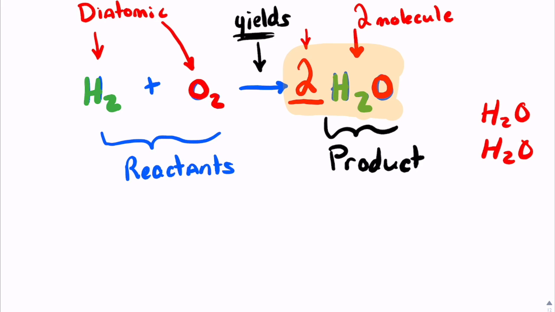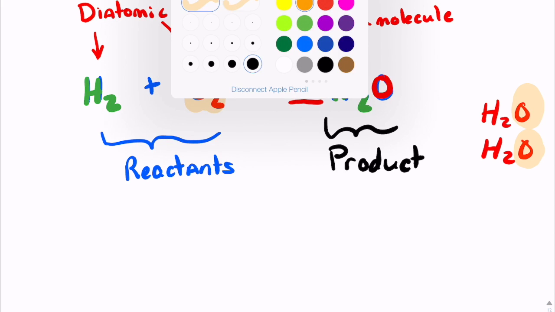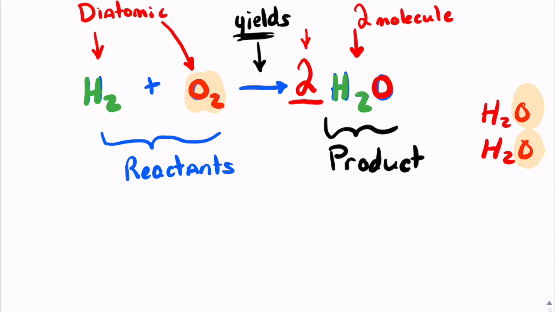All right, now let's go back and look at the number of oxygens you have. I have 2 molecules of H2O. I have 1 oxygen here, 2 oxygen there from the 2 molecules. So 2 oxygens, great, I'm set. I'm following the law of conservation of matter.